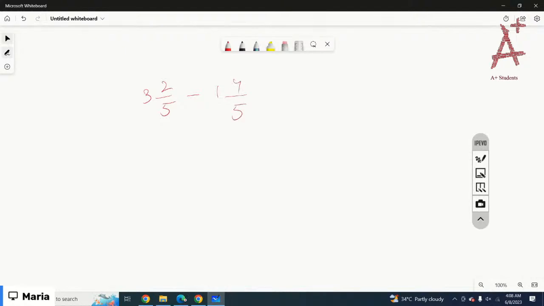Let's subtract 3 minus 1. Here you have 2 over 5 minus 4 over 5, but you can't subtract 4 out of 2. Got it? So what do you have to do? You have to rewrite this one. Got it? Here you have 3 whole 2 over 5. Here you have 1 whole 4 over 5.